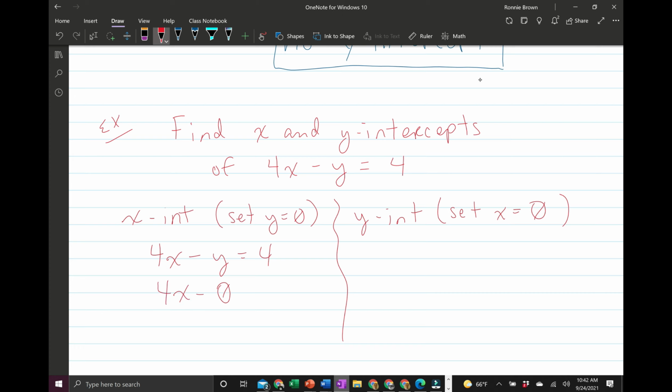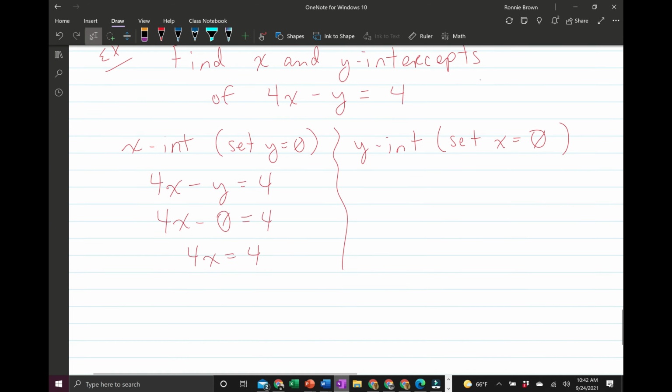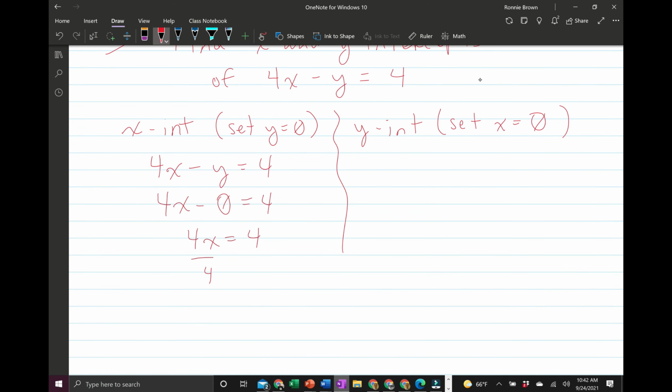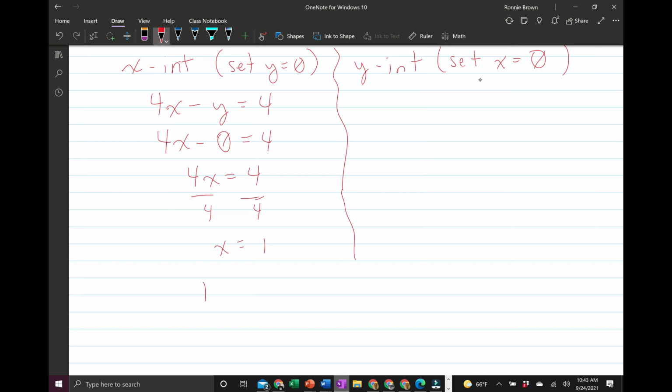So we have 4x minus 0 equals 4. So 4x is equal to 4. And now we solve for x by dividing both sides by 4. You always divide by what's next to the x. So x is equal to 1. So it looks like the x-intercept is 1, 0 to be specific as a point.